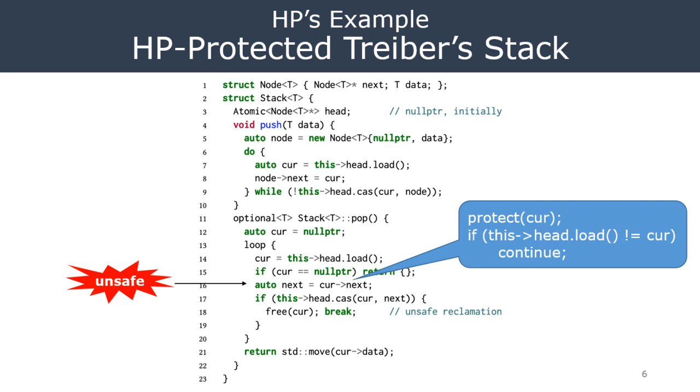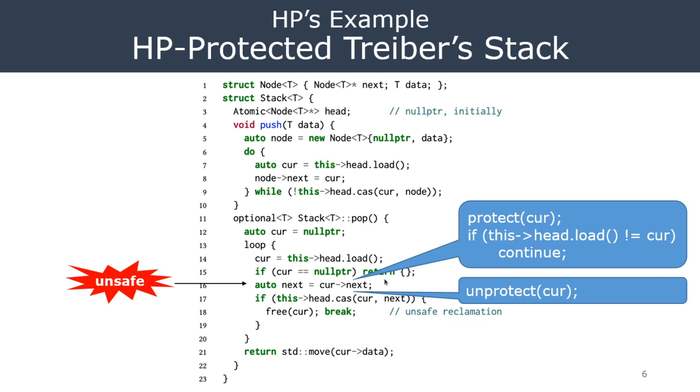And also, after finishing accessing the node, I need to signify the fact that I finished accessing the location, and that location is no longer necessary to be protected. So that's the reason why we call unprotect cur here. Cur was protected in these 3 lines of code, and cur is accessed here at line 16.